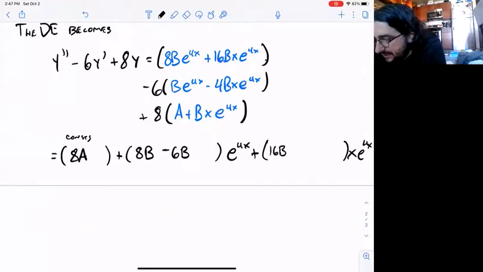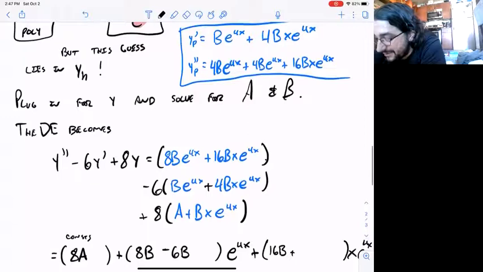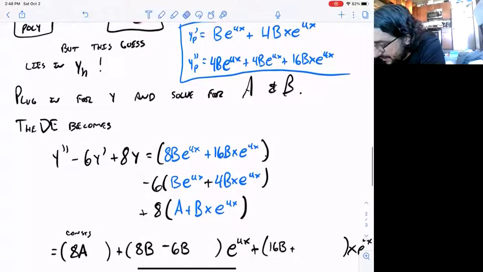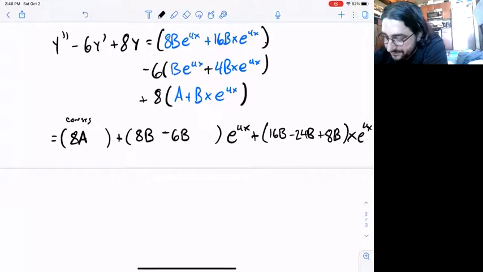On the second, I have positive, oh, I miscopied a minus sign there. This should be positive right there. On the second, it's positive inside the parentheses. Then when I multiply the 6 through, it's going to become negative, so I have negative 24b. And then on this last one, I have plus 8b. Those are the x times e powers.